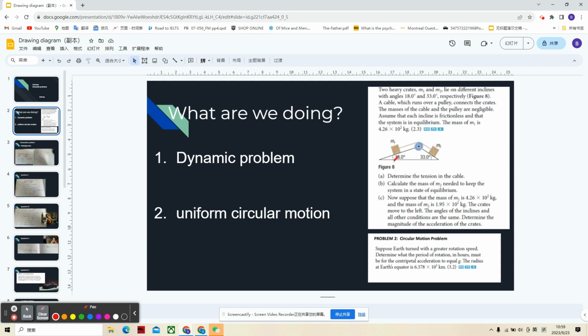We can see 18 is for M1 and 33 degrees is the incline for M2. The mass of M1 is 426 kilograms, and don't forget that small g equals 9.81 newtons per kilogram. So this is the condition given for question 1.